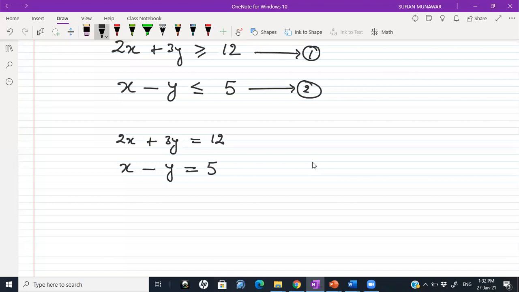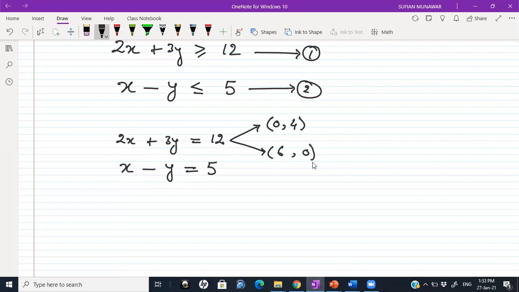From these two equations we need 2 points each. From the first one, we can simply take the x-intercept and the y-intercept. If we put x = 0, y will be 4. And if we put y = 0, we get x to be 6.